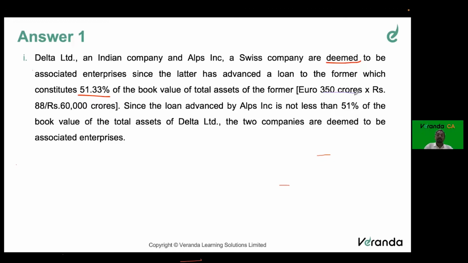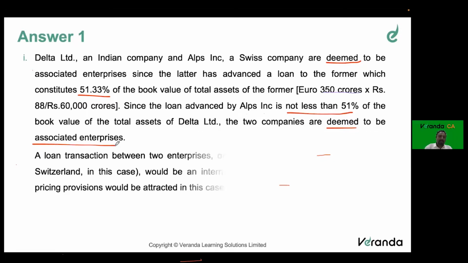Since the loan advanced is not less than 51%, that is, it is more than 51%, the two companies are deemed to be associated enterprises. This is what we call the relationship. So it is classified as a deemed associated enterprise under section 92B.